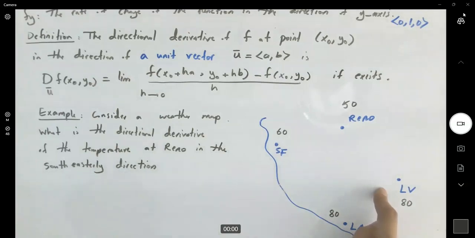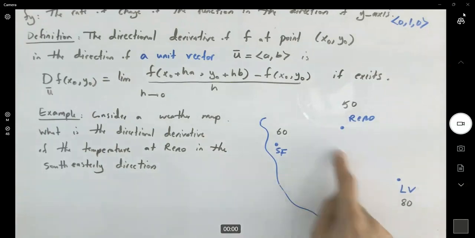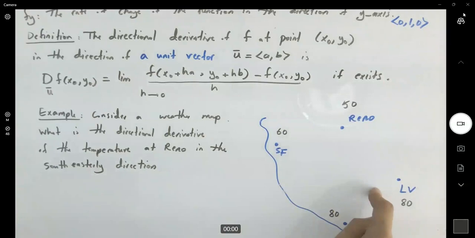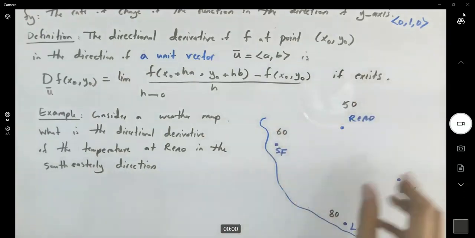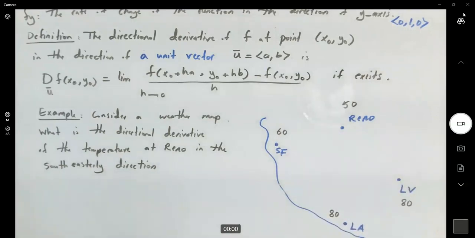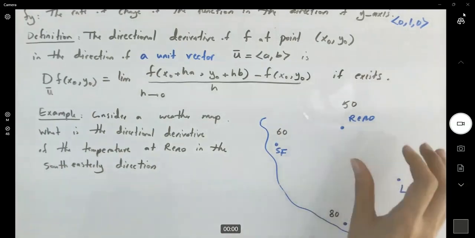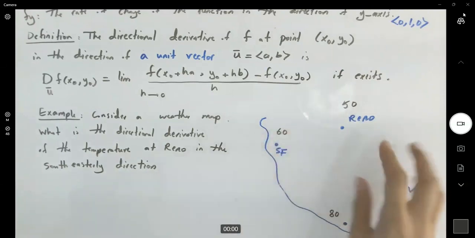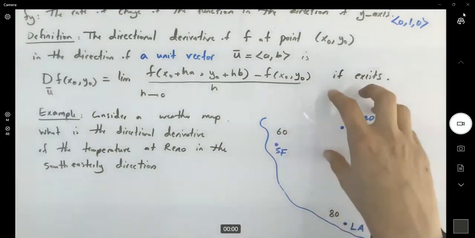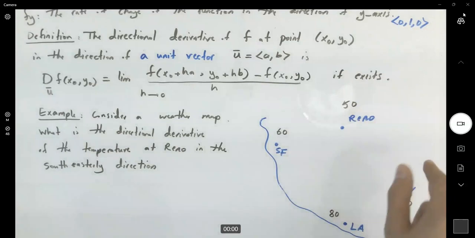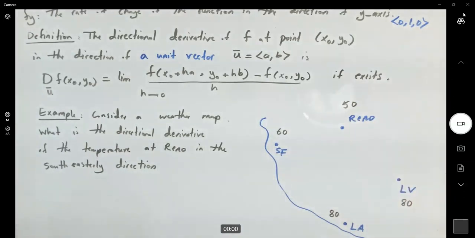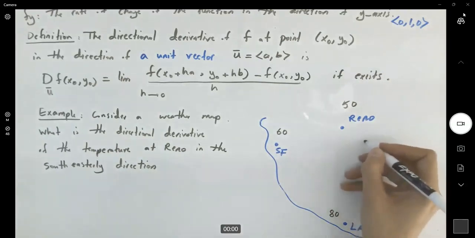First of all, suppose the distance between Reno and some nearby temperature, let me add here, because directional derivatives in the direction, it's not global, it's local. So we need more temperature around Reno. Let's add another temperature around here.